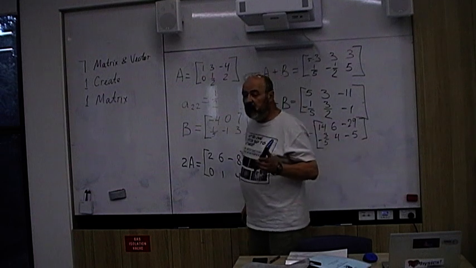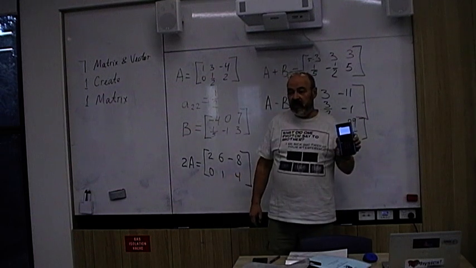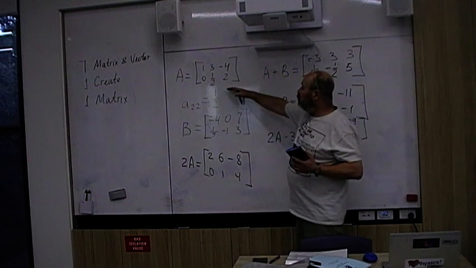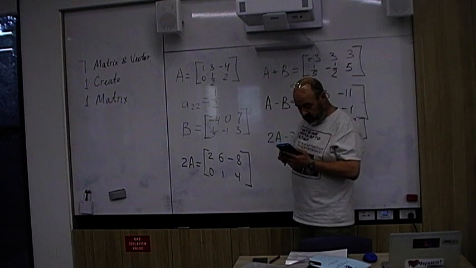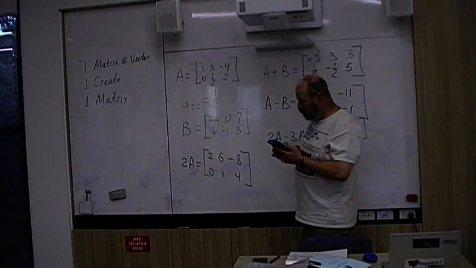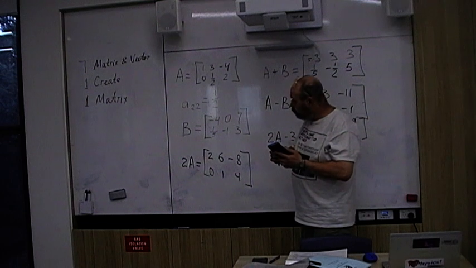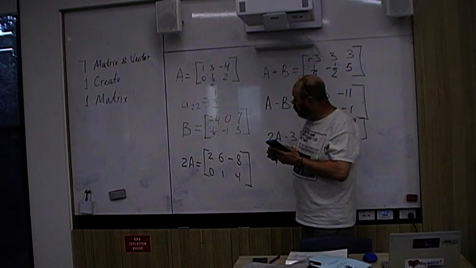And it gives you the arrangement with the empty boxes. So let's put this matrix in. 1, 3, negative 4, 0.